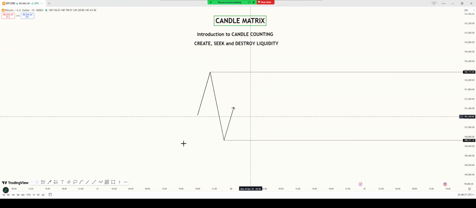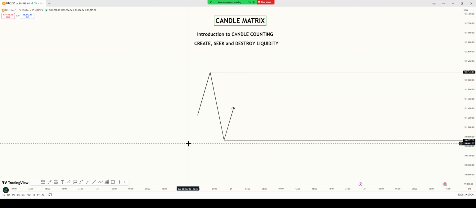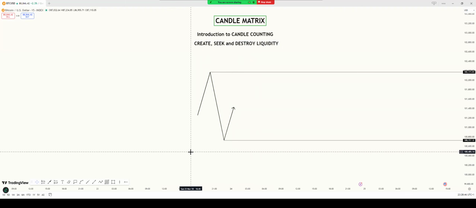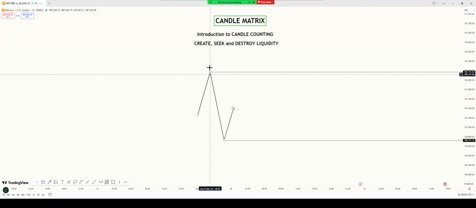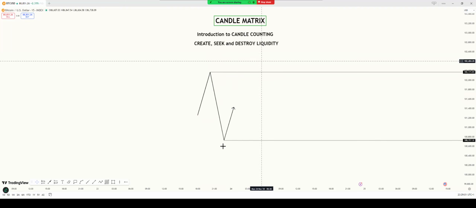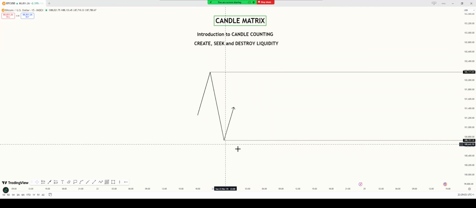Now, I also want us to accept something else as true. I want us to understand that for each BSL, there is a relative SSL. So for each buy side liquidity, there is a relative sell side liquidity.